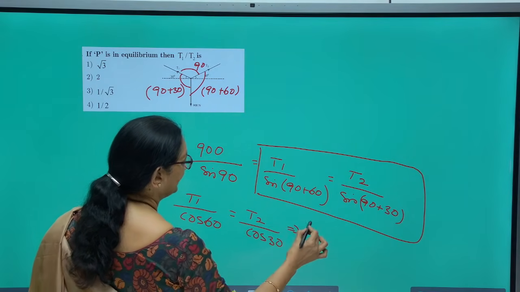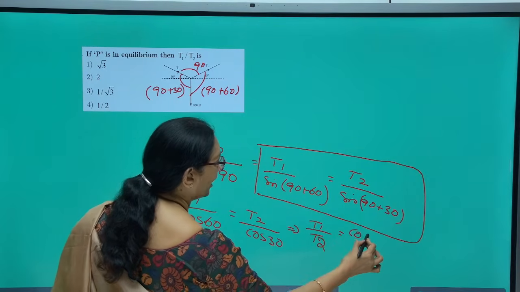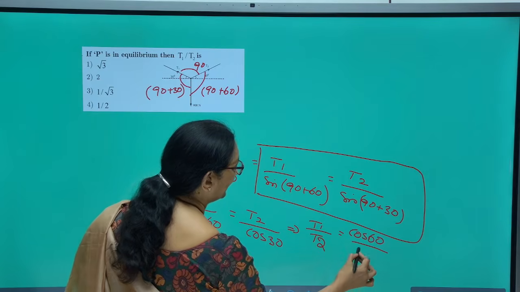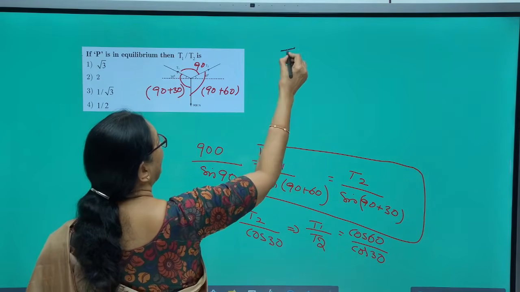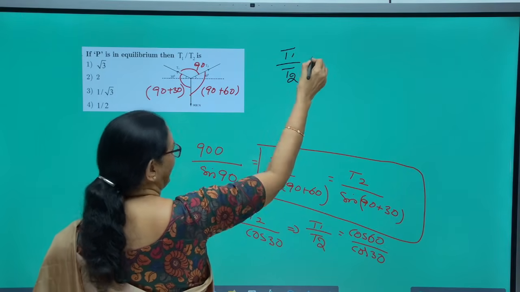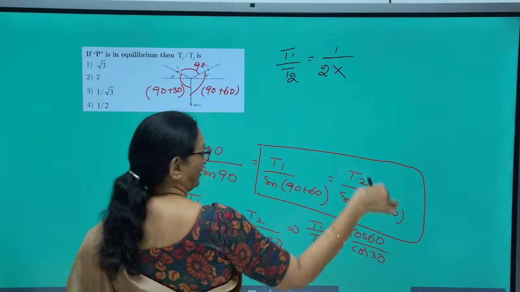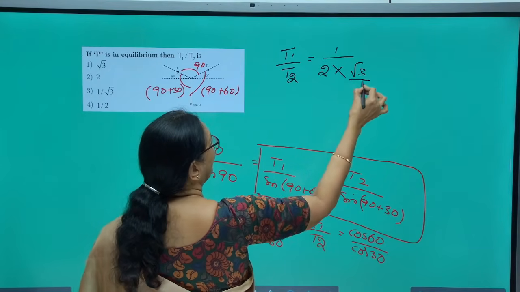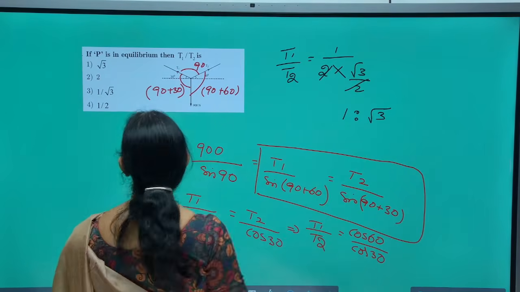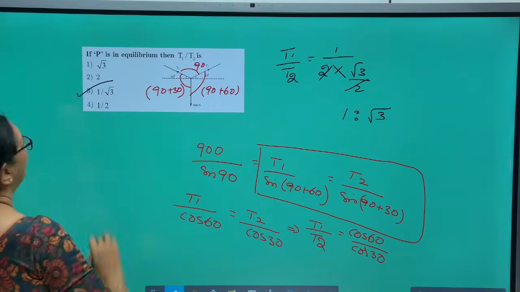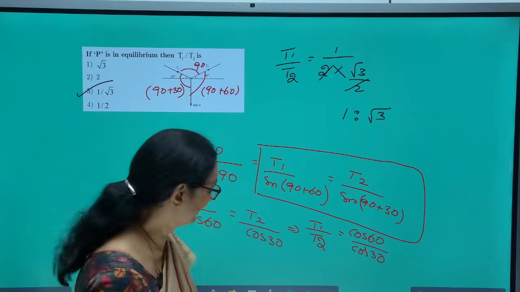That implies T1 by T2 is equal to cos 60 by cos 30. Cos 60 is 1 by 2, cos 30 is root 3 by 2. So the ratio is 1 is to root 3, or T1 by T2 is equal to 1 by root 3.